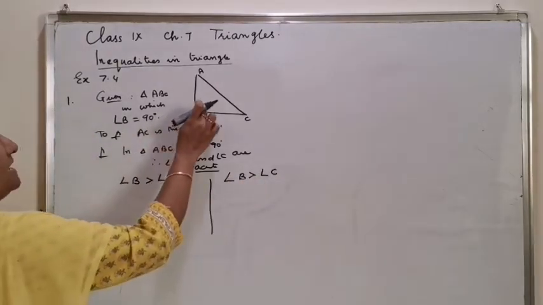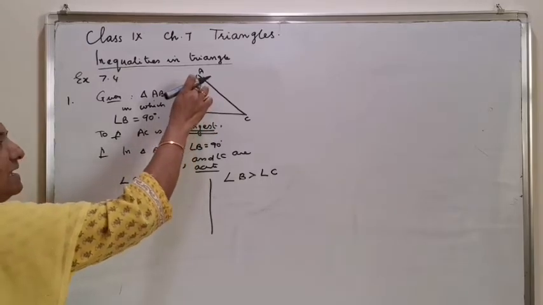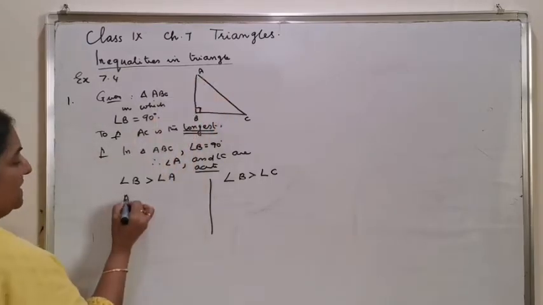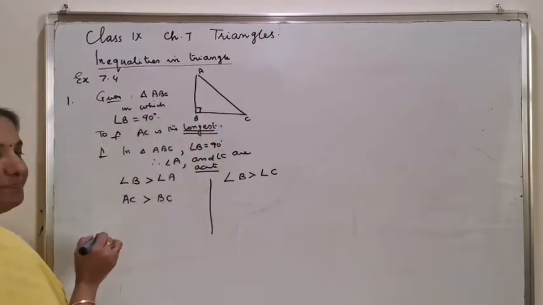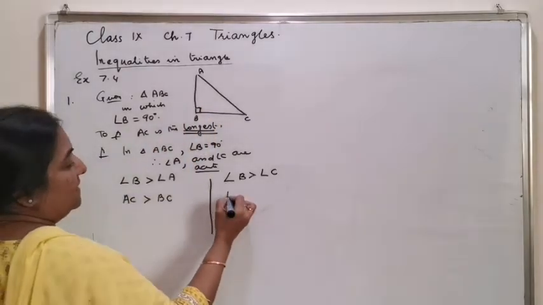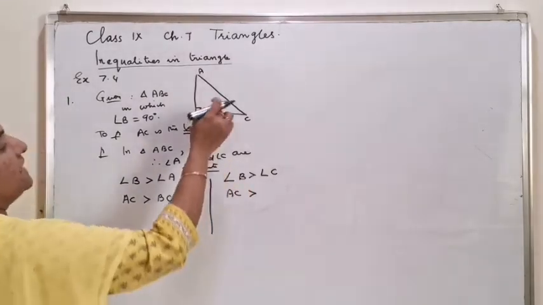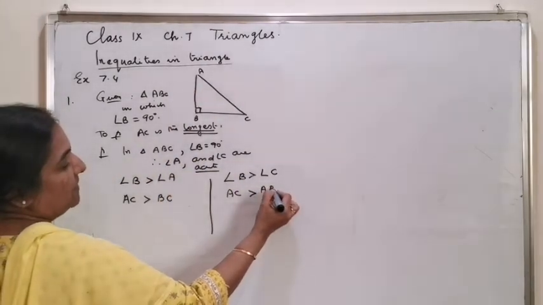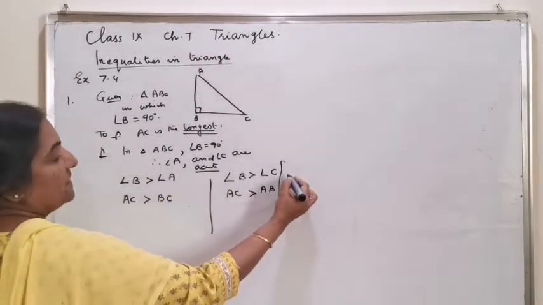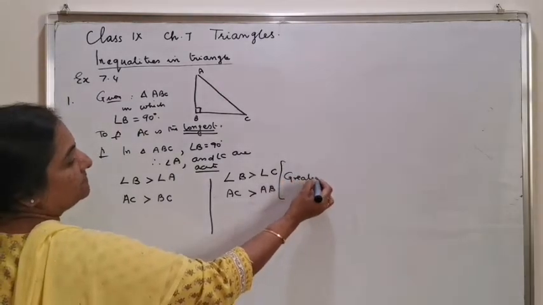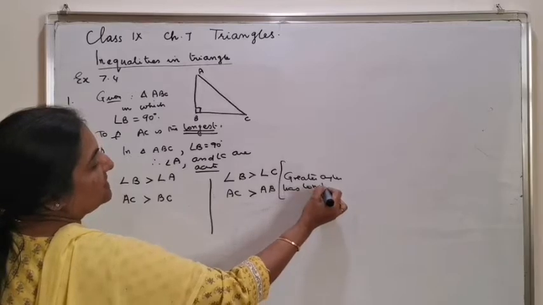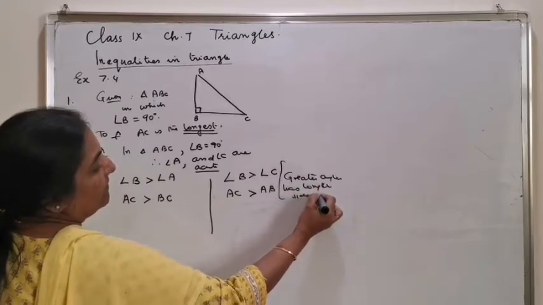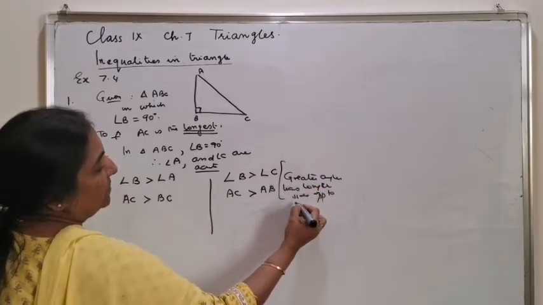If angle B is greater than angle A, opposite to B is AC and opposite to A is BC. Similarly, here also AC is greater than the opposite side AB. The reason for both is that the greater angle has the longer side opposite to it.